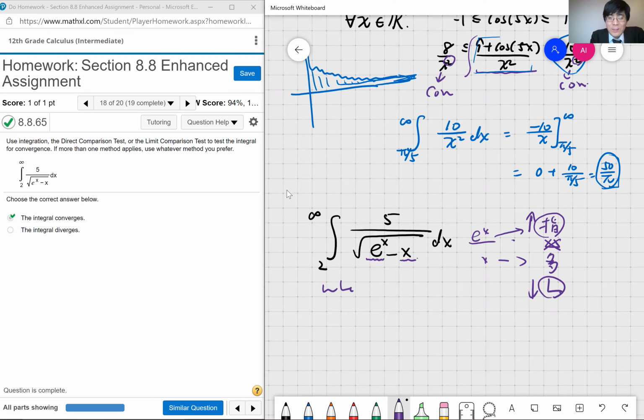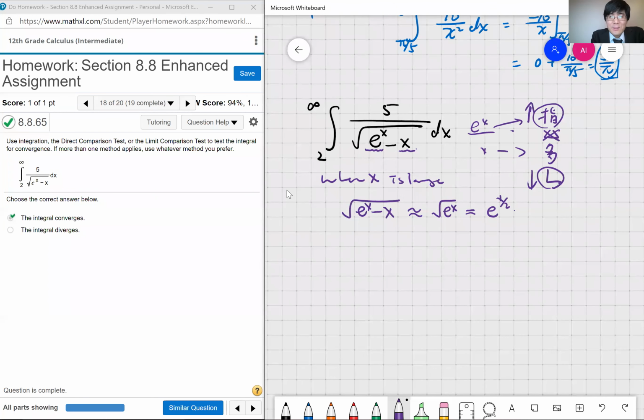So when x is large, square root of e to the power of x minus x is almost equal to square root of e to the x, and that is equal to e to the power of x over 2. And that means this function can be compared with this.